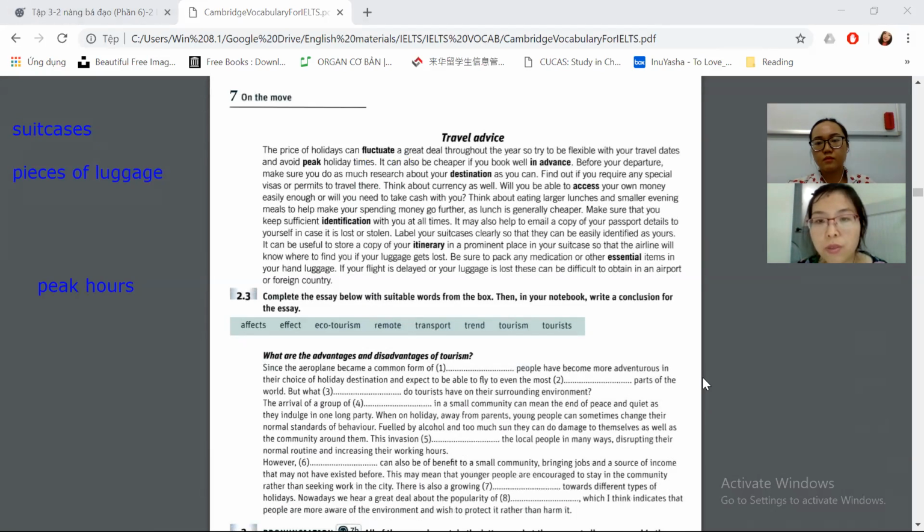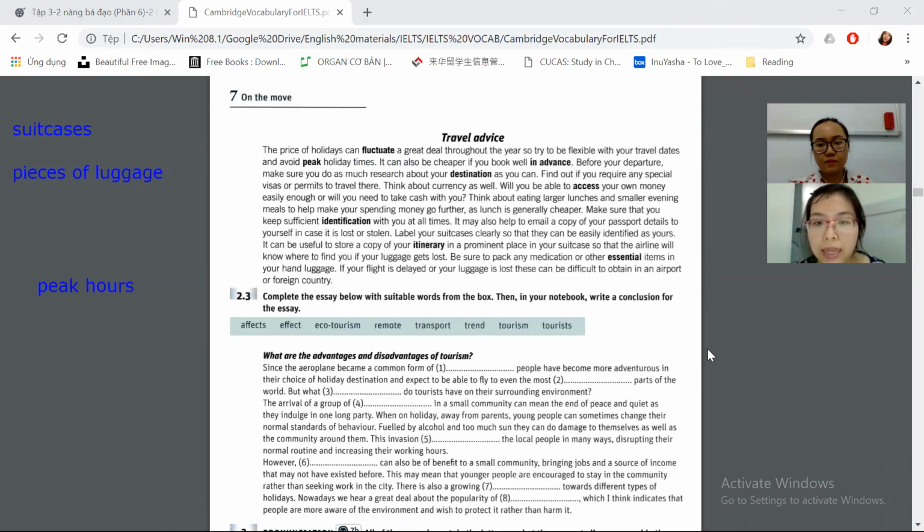Find out if you require any special visas or permits to travel there. Think about currency as well. Will you be able to access your own money easily enough, or will you need to take cash with you?